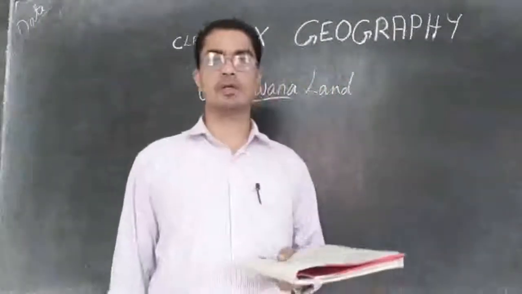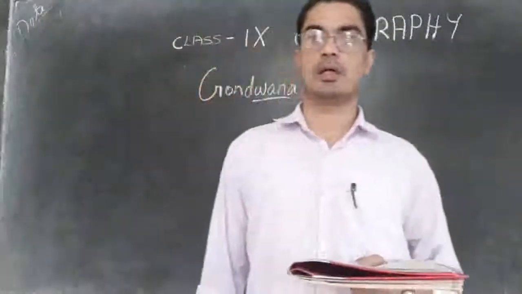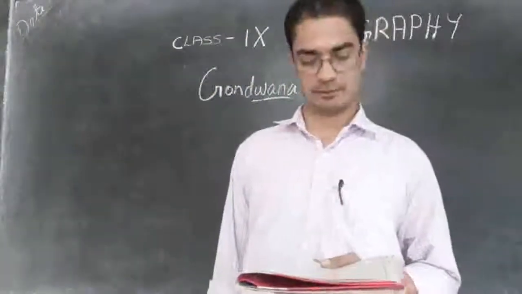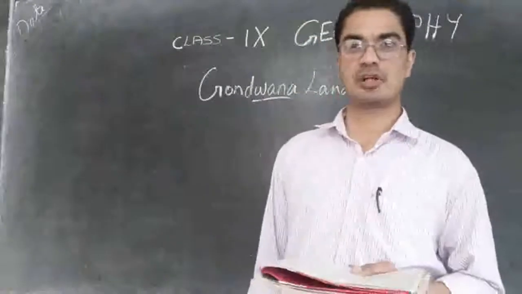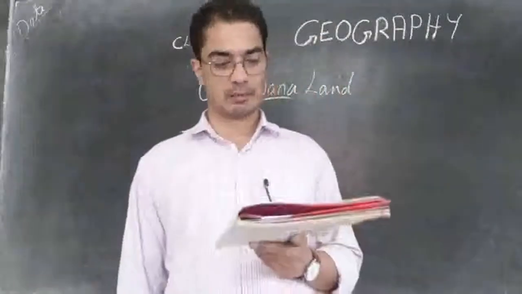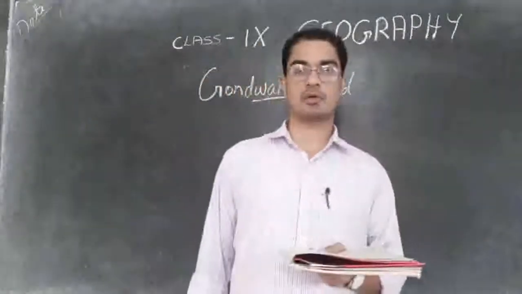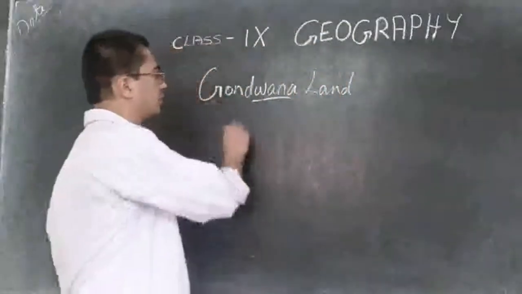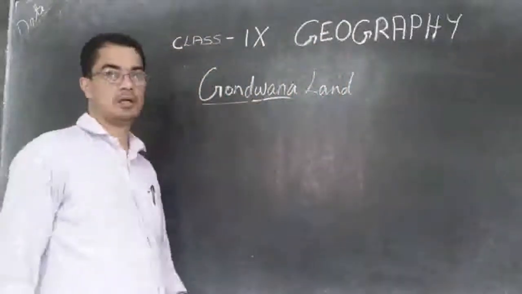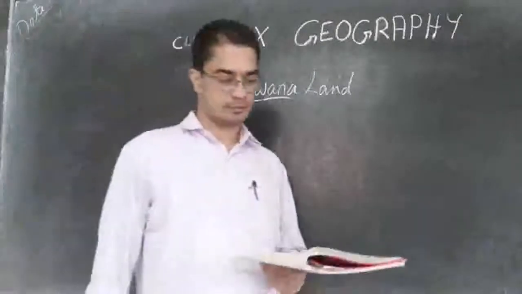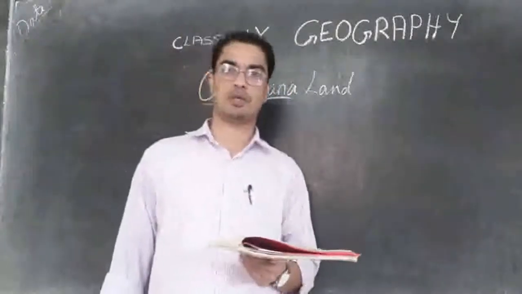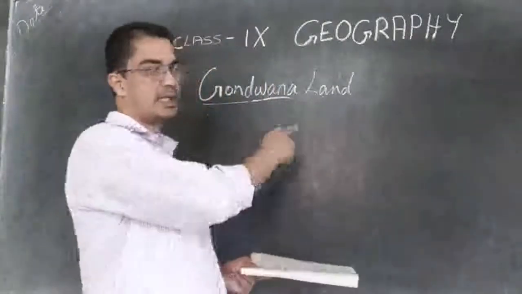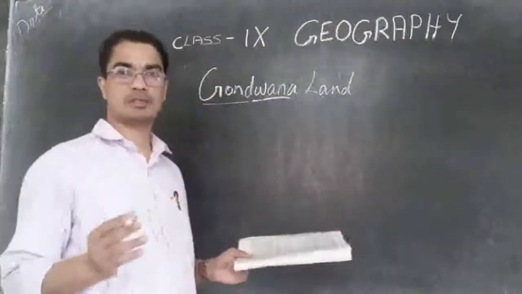Then we are talking about the different landmasses, and we say the oldest landmass, that is the Peninsula part, is the oldest landmass. It was part of the Gondwana land. The Peninsula part of India was part of this Gondwana land, one of the oldest masses.